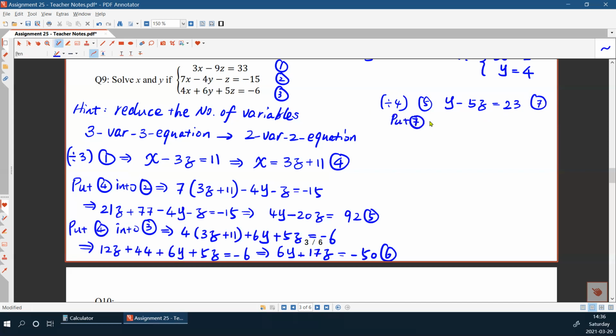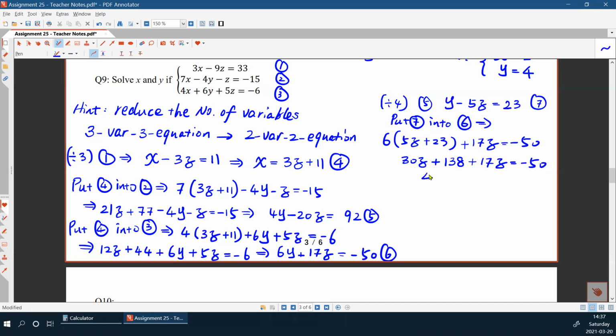Then we can put 7 into 6, where y is actually 5z plus 23, right? So 6y plus 17z equals minus 50. So that means 30z plus 138 plus 17z equals minus 50, right? Okay, so 47z equals minus 188.